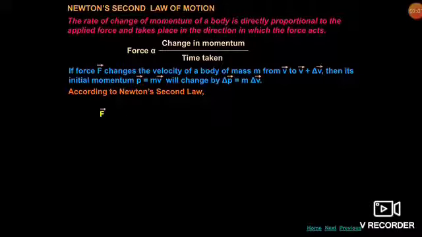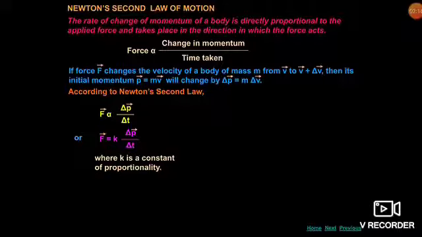Now according to Newton's second law, F is directly proportional to dp by dt, or F is equal to k dp by dt. We know whenever we remove the proportionality sign and write equals, a constant comes, here the constant is k.